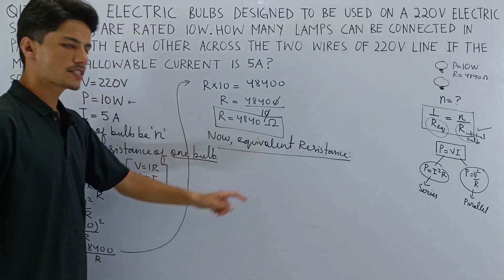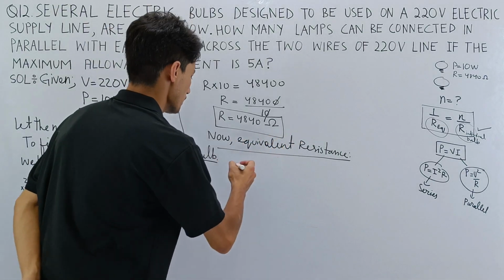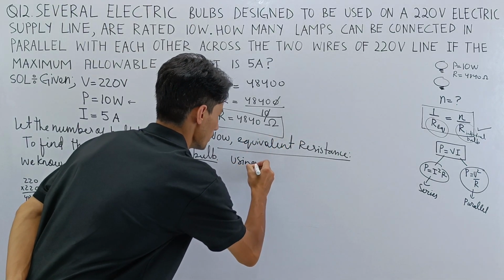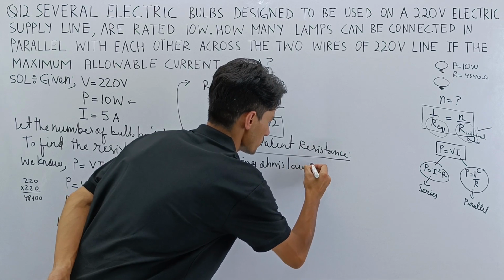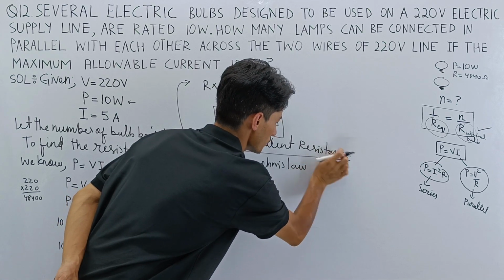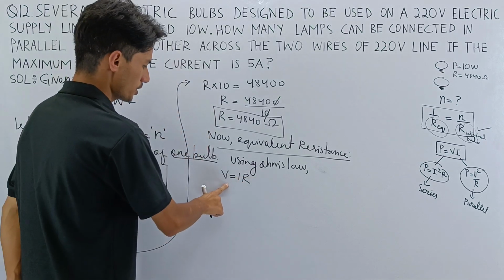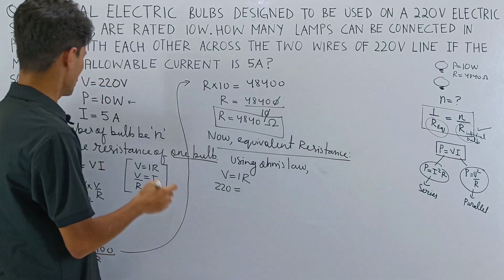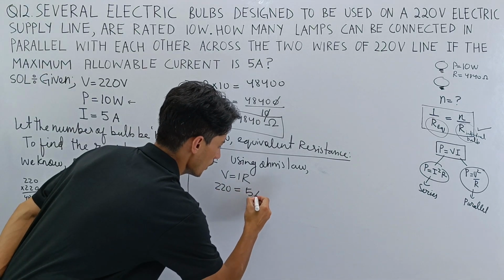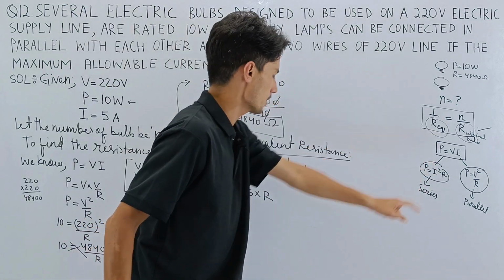To find the equivalent resistance, which formula will I use? I'll be using Ohm's law. So V is equal to IR. Potential difference is given to us, 220. Current we know is 5. R is what we are supposed to find, the equivalent resistance, Req.